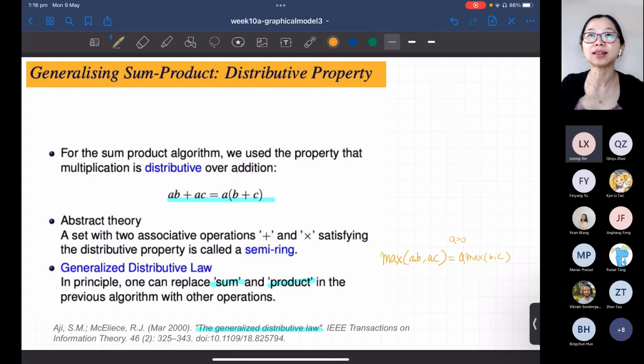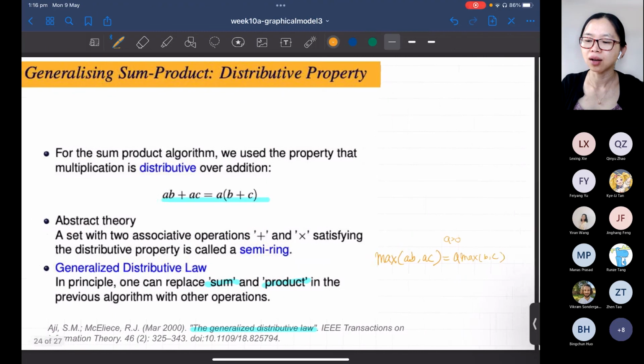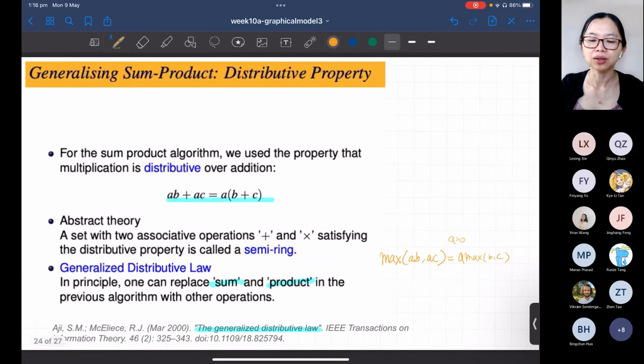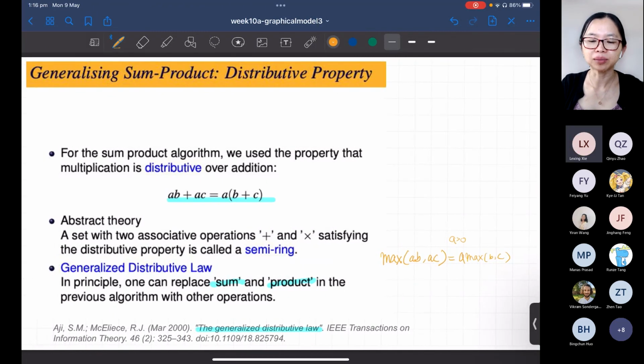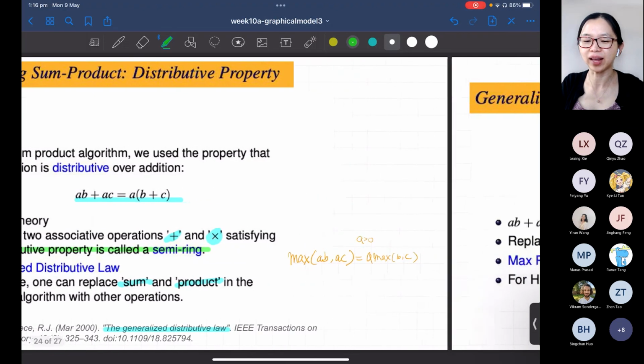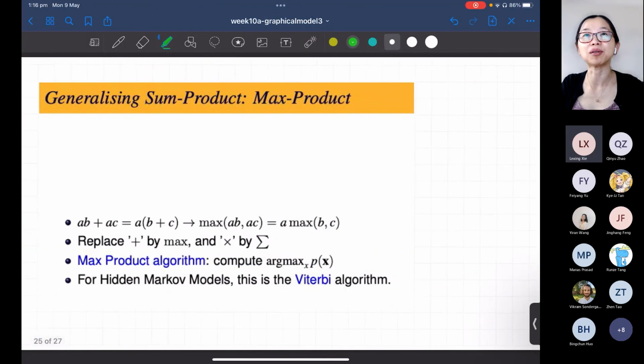So this is exactly what max product tries to do. The abstract theory is that the sum and the multiply satisfy this distributive property called a semiring. I won't go into that, but to be fully general, you need to know a bit of algebraic theory.